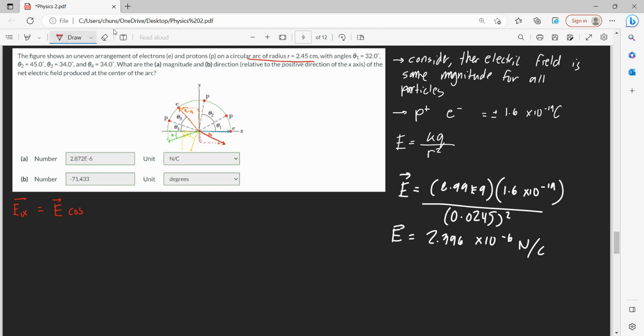Let's write in our actual value for that: theta 4 is 34. Then our E1y is in the negative y direction, so that's going to be negative E sine 34.